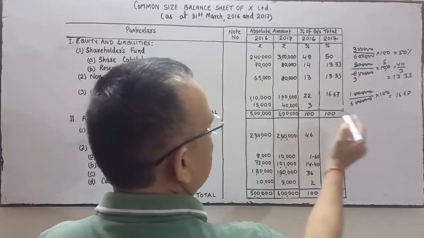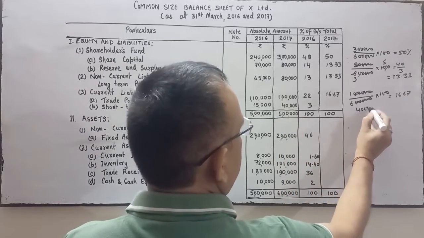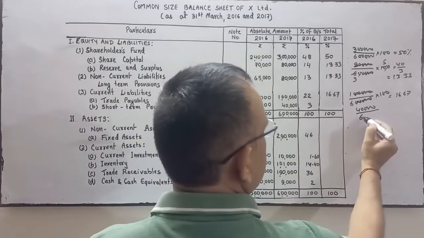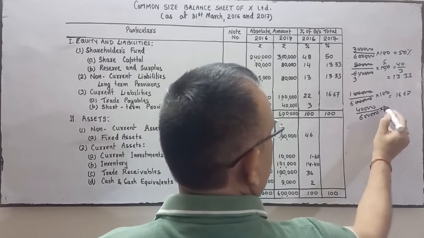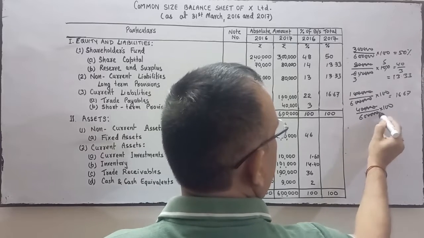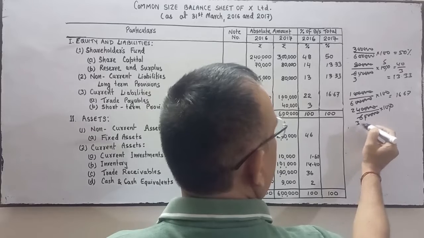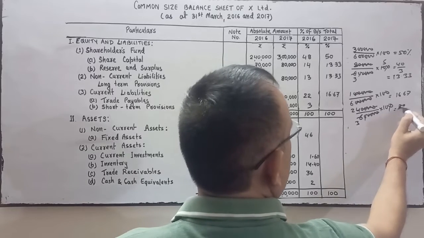Now coming to 40,000. Short term provision is 40,000 upon 6 lakhs into 100. So it is 20 by 3.